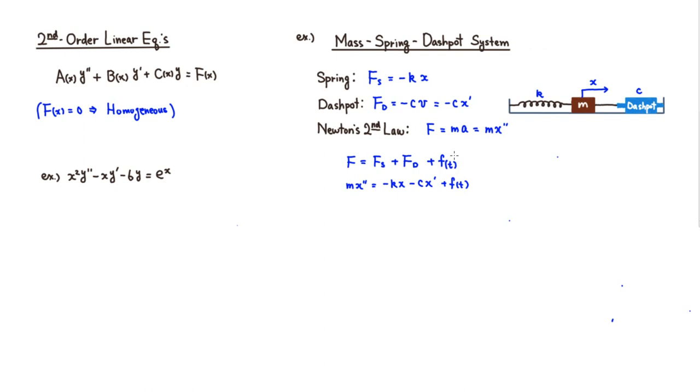Then we put everything except for f of t on the other side. So you're going to have m x double prime plus c x prime plus kx is equal to f of t.